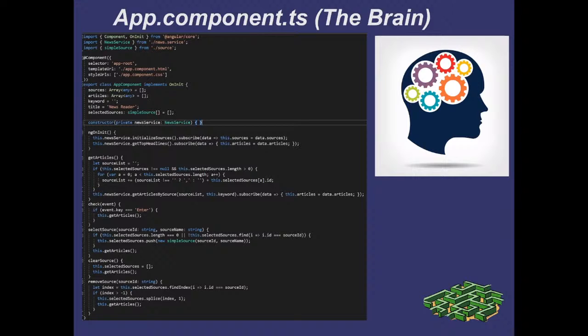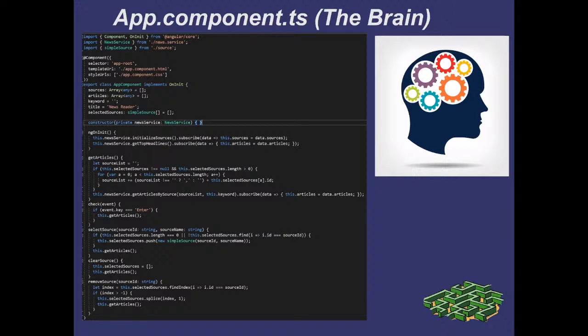So in our constructor here, we're using constructor injection to get an instance of that new service object that we created, or new service class rather. And then, since we have that, and we're going to call it news service, then when it comes to the stage of creating this inside of Angular that the component is to be initialized, we're going to first initialize the sources, and then we're going to use what's called an observable, which basically says I want to do this asynchronously instead of synchronously.